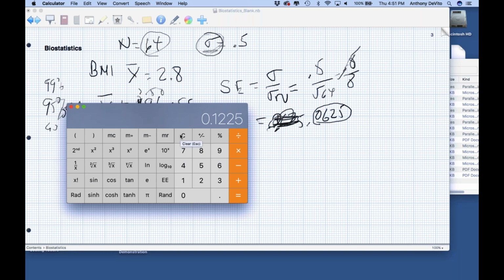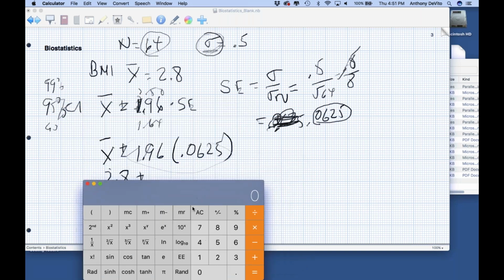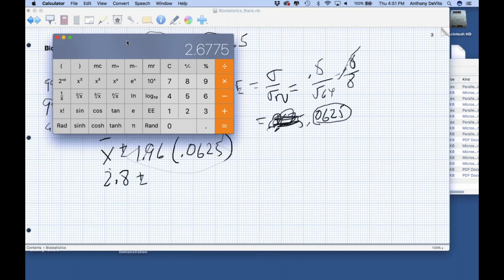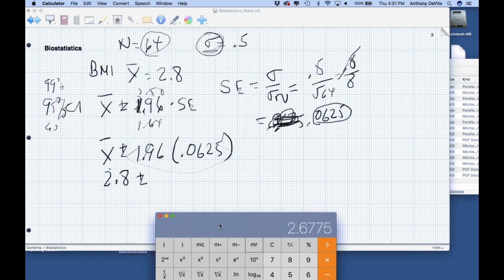Okay, so I'm going to take 2.8, which is x bar, and subtract that margin of error from it. That comes out to 2.68. I waited until the very last calculation before I bothered to round anything.